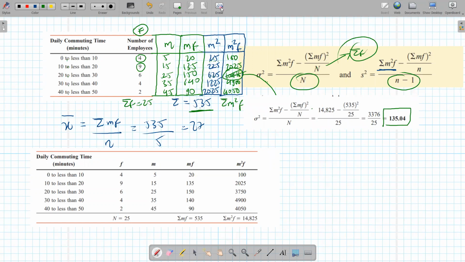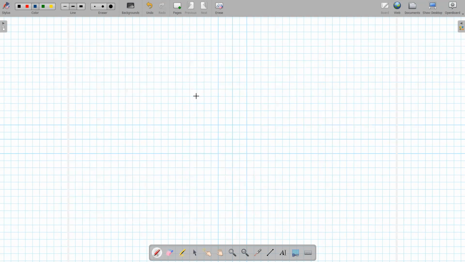Let's do a quick exercise here. This is again going to be a quick one. Let's say x is 1, 2, 3, 4, 5. Let's say y is 6, 7, 8, 9, 10.